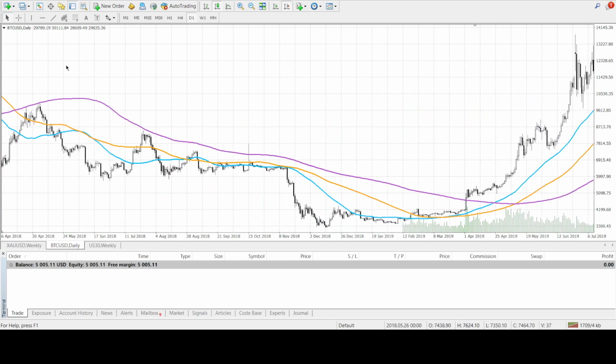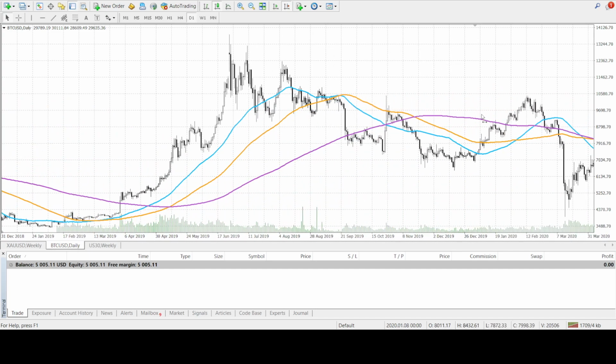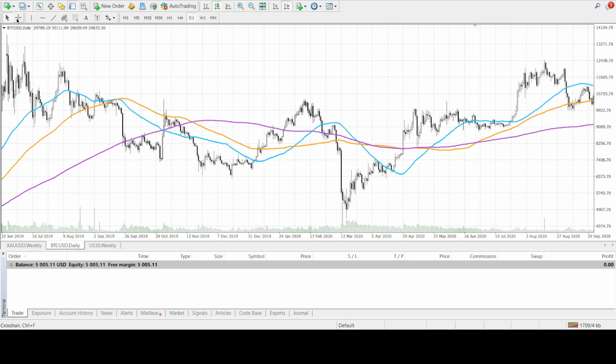All right, so 2020, where's 2020? There it is. All right, so Bitcoin, remember, gold started falling on March 8th. US 30 started falling February 6th. Bitcoin dropped off before gold did.